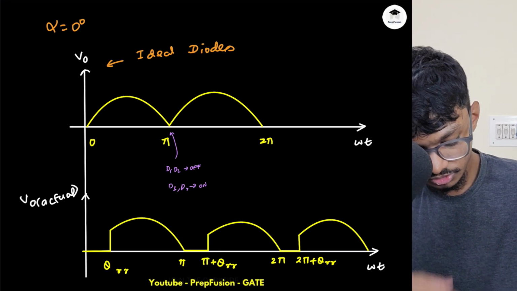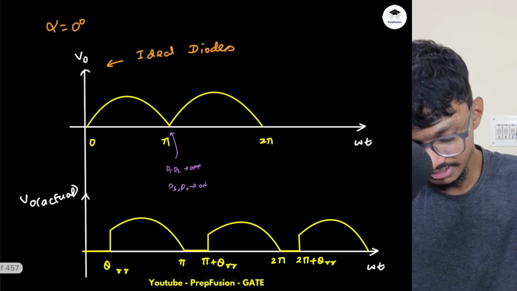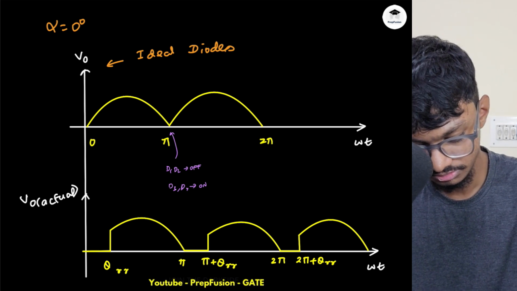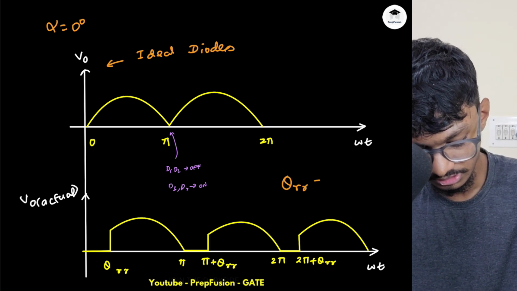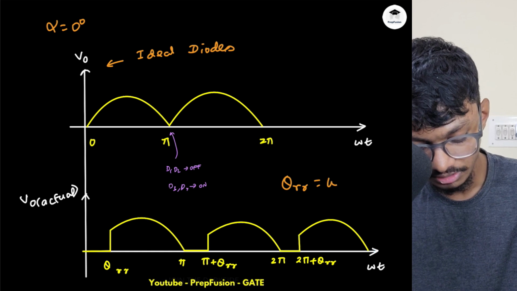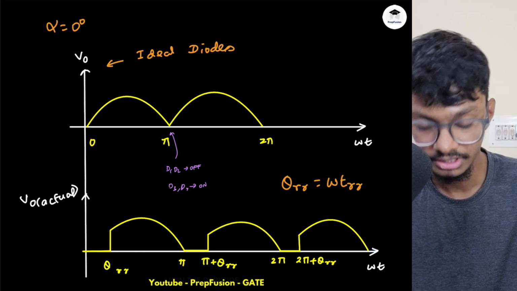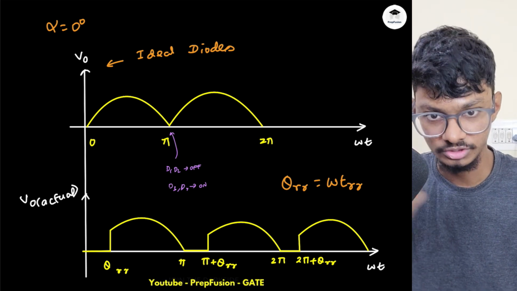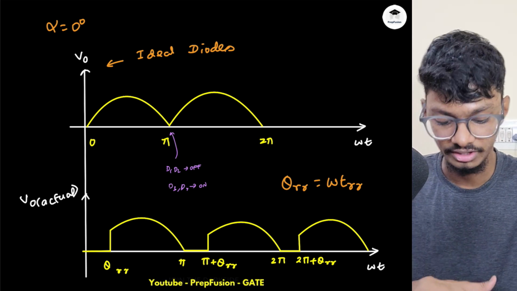So what is theta RR? Theta RR is omega into TRR, because after TRR time the diodes are finally able to turn off, because there is a reverse recovery time, that is omega into TRR.